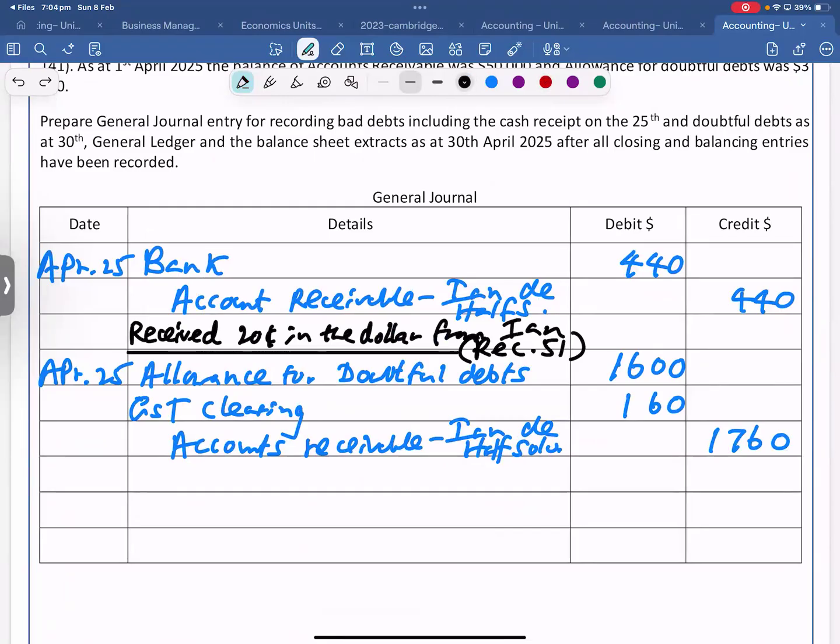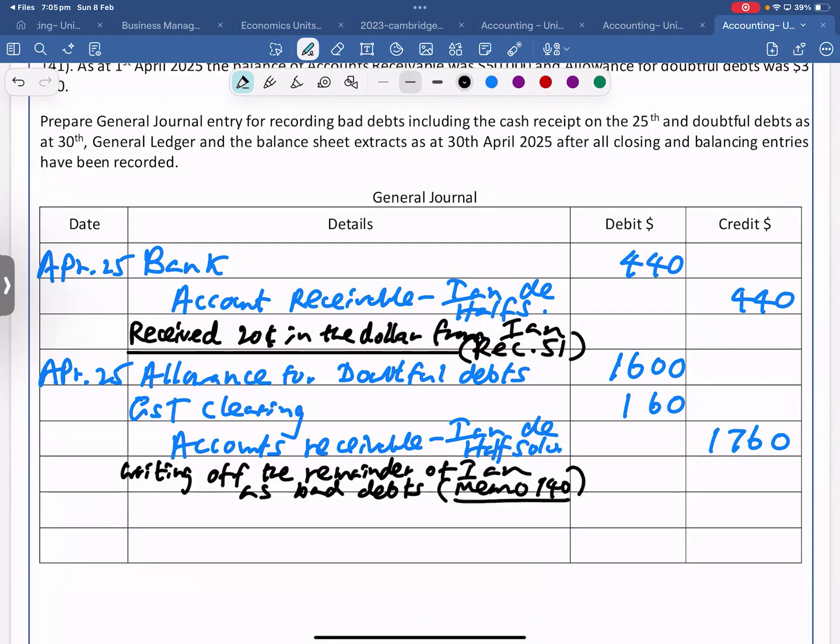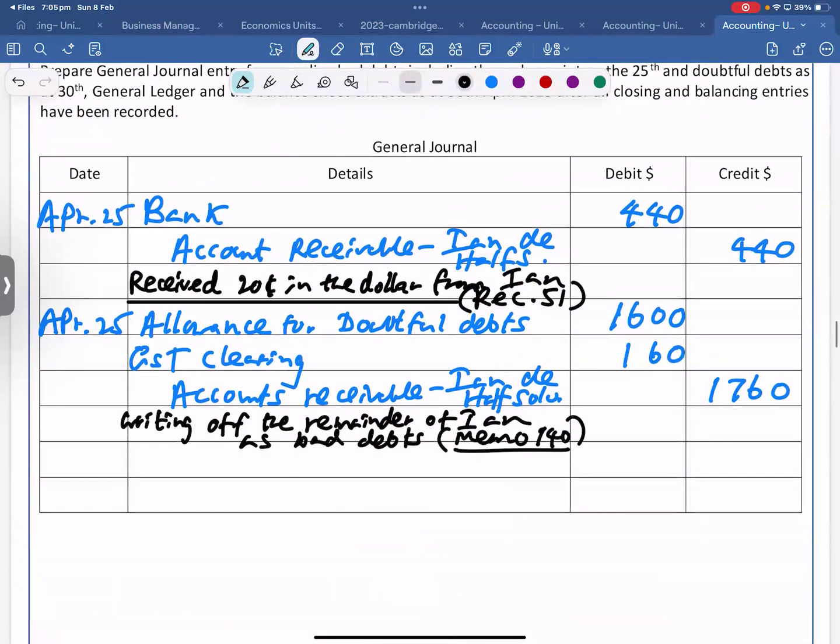Writing off the remainder of Yen as bad debts. What is it, guys? Memo 140.